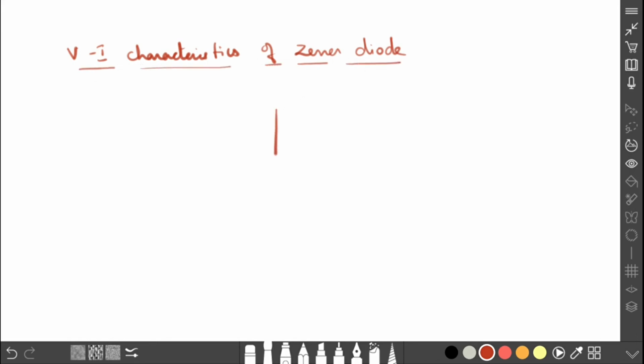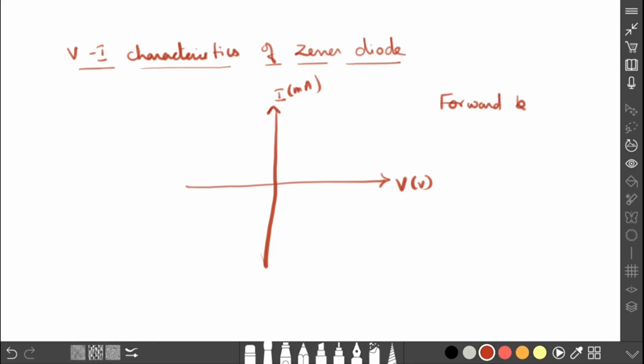This axis is the voltage in volts and this is the current in milliamperes. During forward biasing, the Zener diode works like a normal PN junction diode. Once it reaches the cut-in voltage, the current increases rapidly.